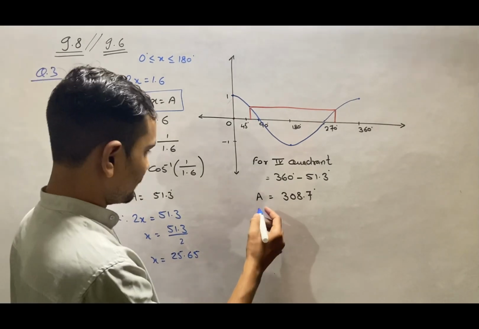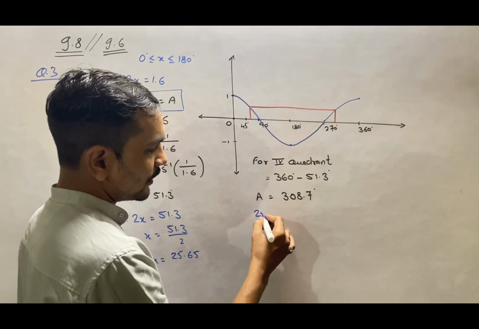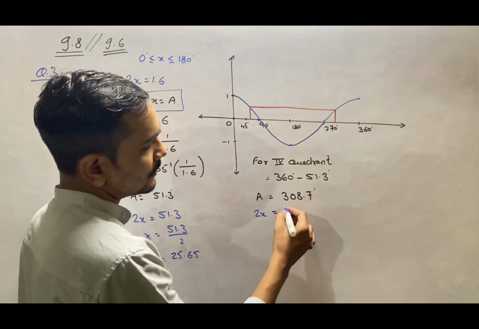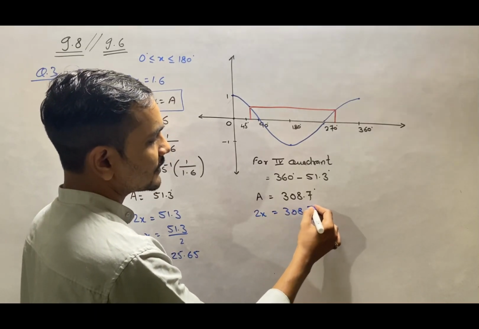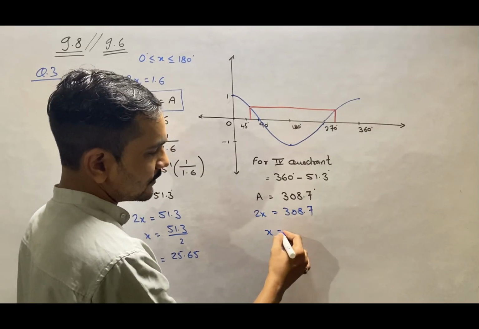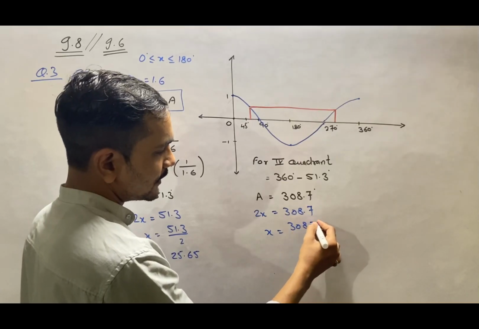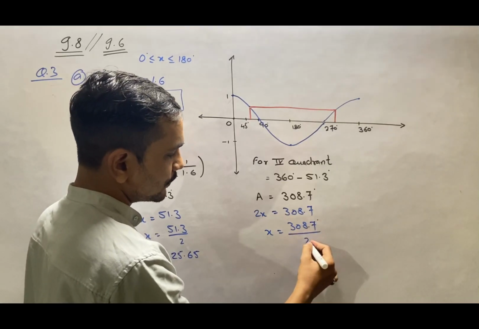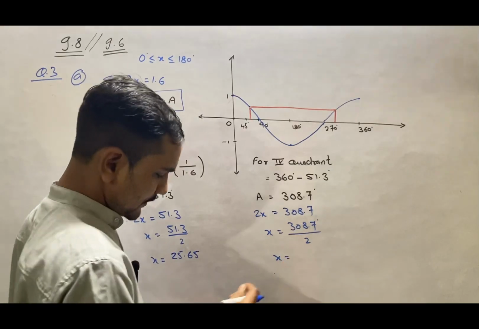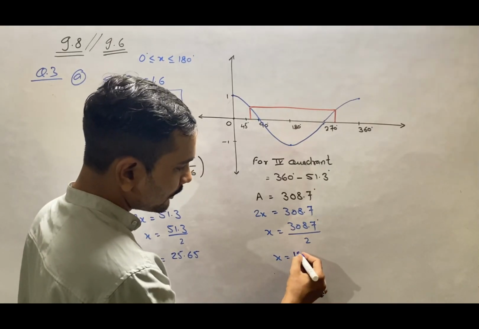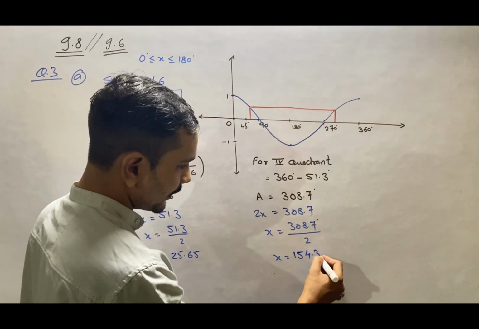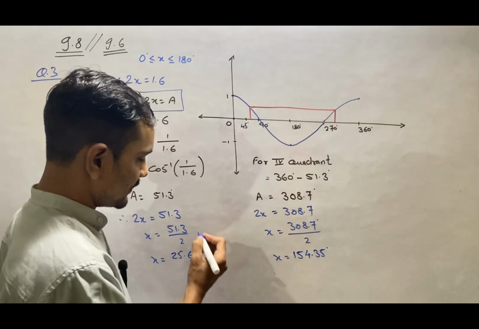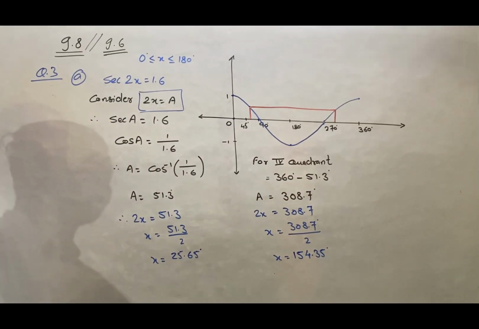And here again, same, 2x equals 308.7. So x will be 308.7 over 2. So x will be 154.35 degree. This is the solution.